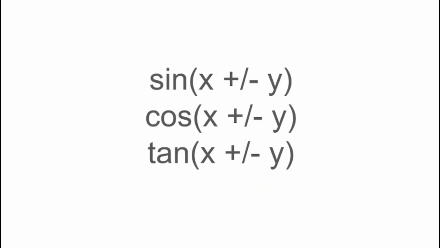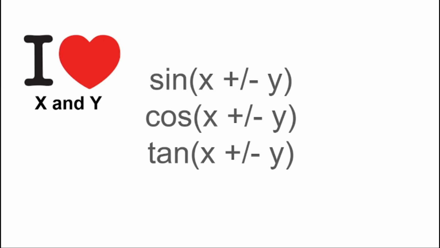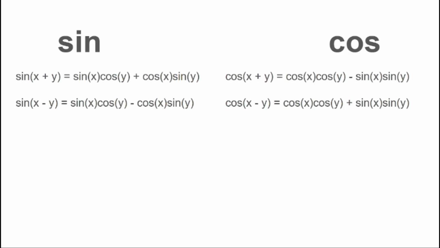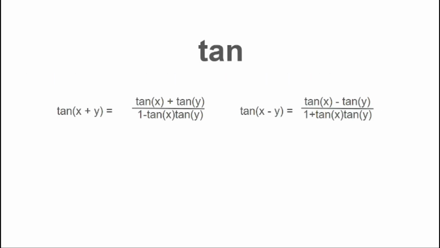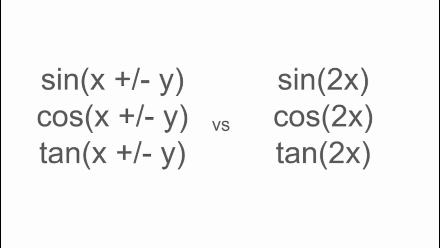That's when you have 2 variables inside, addition or subtraction, it doesn't matter. We can demonstrate this with x and y. For sine and cos, it uses both, while tangent keeps to itself. The same goes for our double angles, which use 2 times the angle.